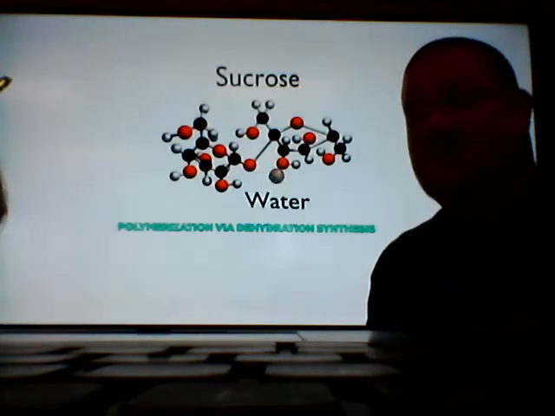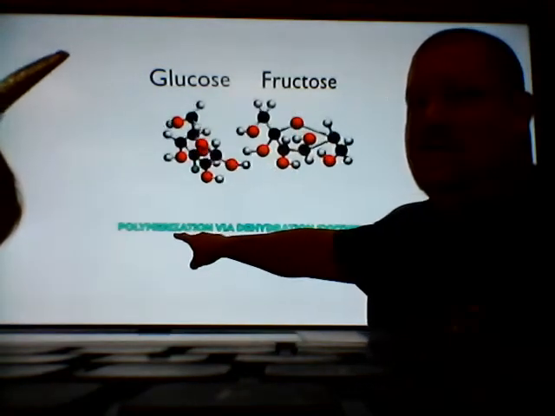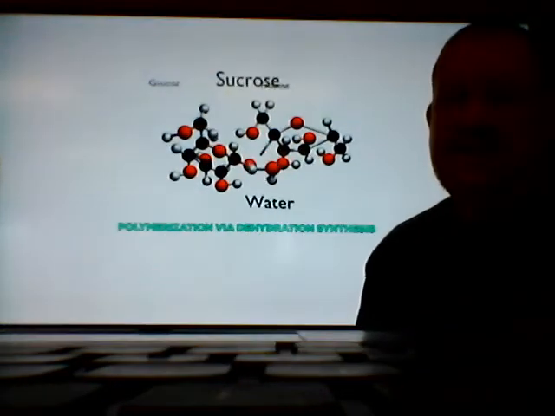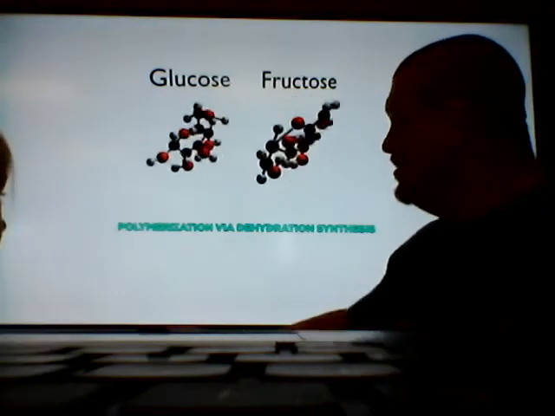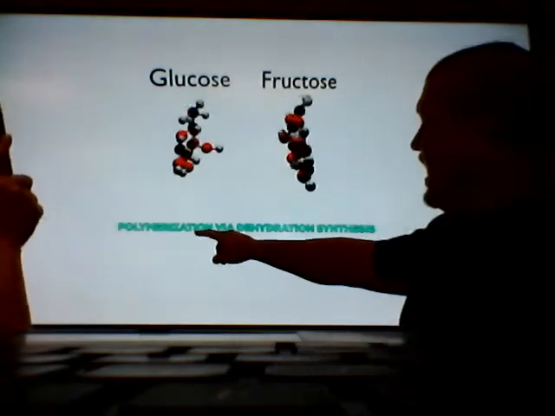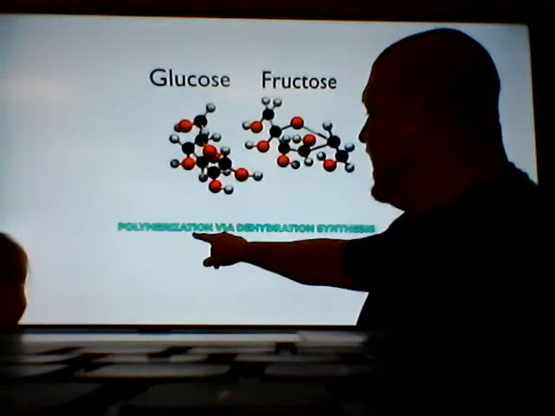This is a process called polymerization. Polymerization ends in -ation, and any word that ends in -ation means an action. So this is the action of making a polymer.